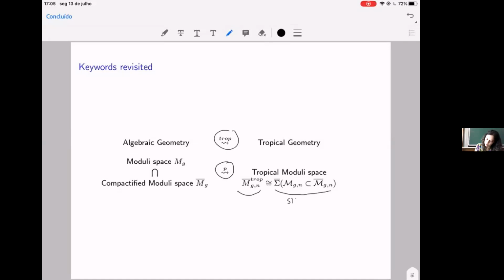So the skeleton of the compactification has a tropical modular description. That's the story I wanted to tell you.